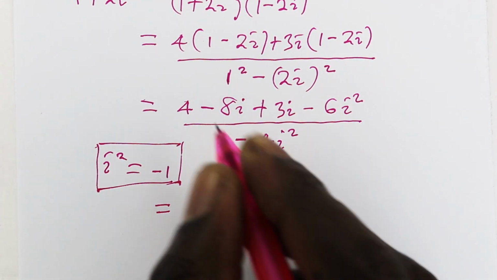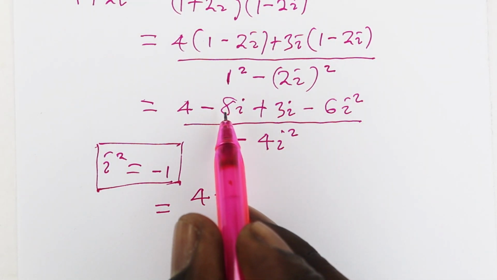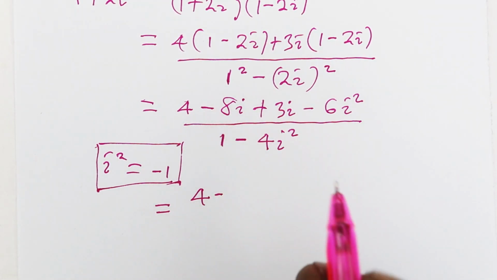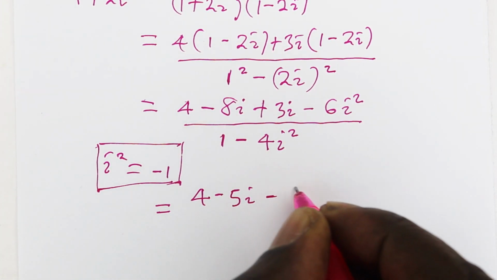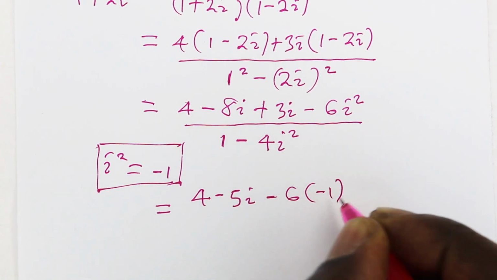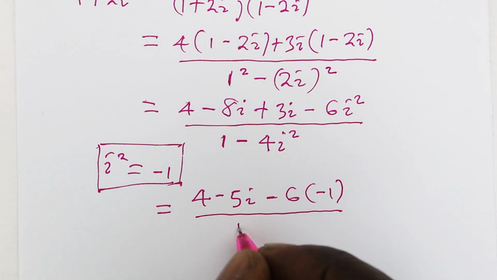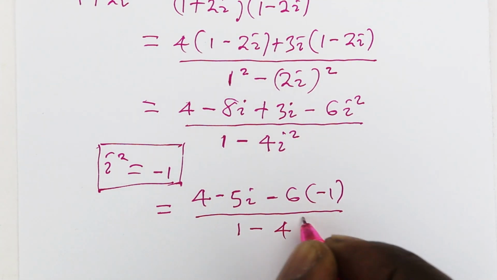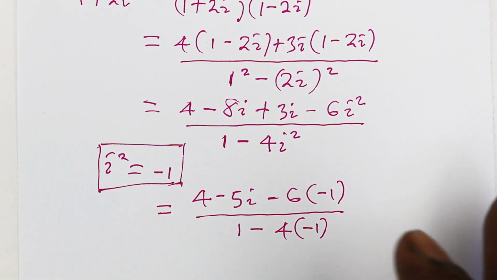What we have here is 4, and you have minus 8i plus 3i, which is just minus 5i, minus 6i squared, and i squared is minus 1. And then we have that over 1 minus 4 into i squared, which is just minus 1.